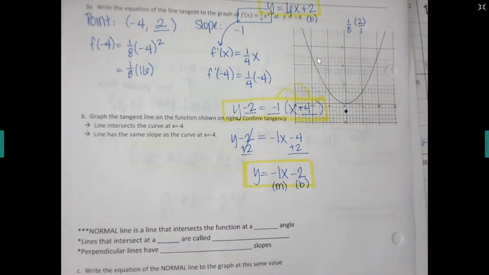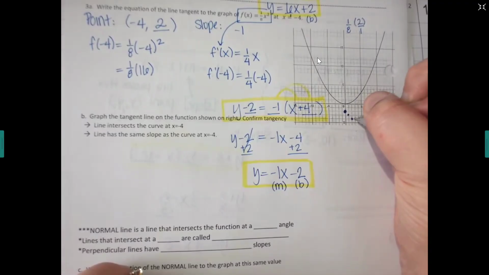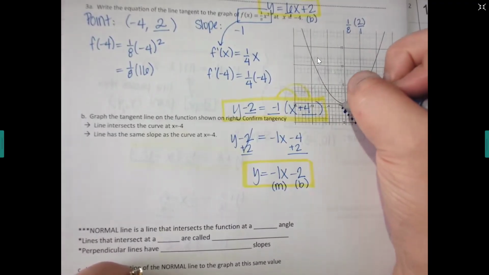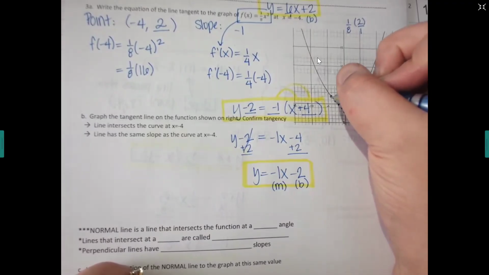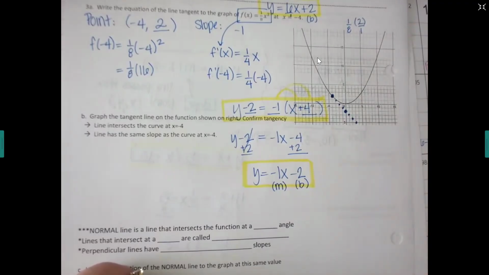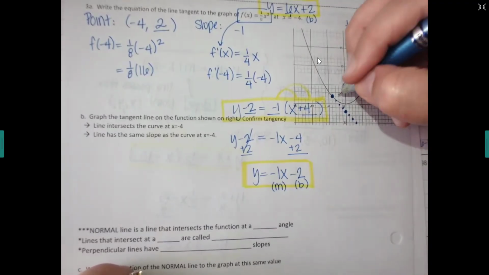And then if your slope is -1, that should just be like a perfect downhill diagonal. Okay, so rise 1, run 1, rise 1, run 1. So go this way a few dots. And then we'll also do a few up this way. And then right here, that's where my point of tangency occurs.